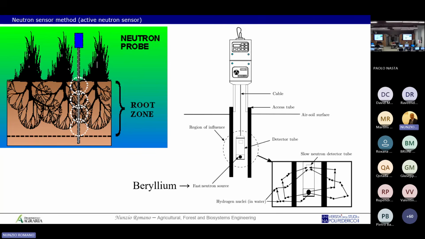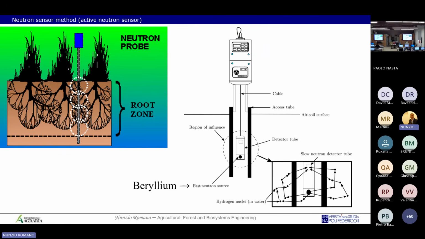And because of this impact, the fast neutron becomes a slow neutron, as you can see in the bottom right of this slide. The physicists call this phenomenon thermalization. Thermalization means that the fast neutron becomes a slow neutron, and slow neutrons are detected by another substance and produce a count of the slow neutrons.